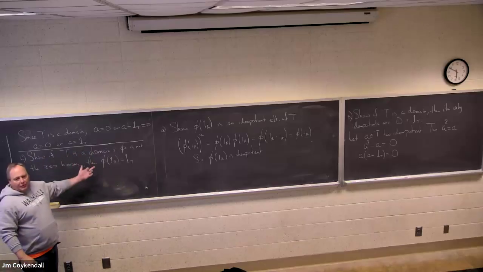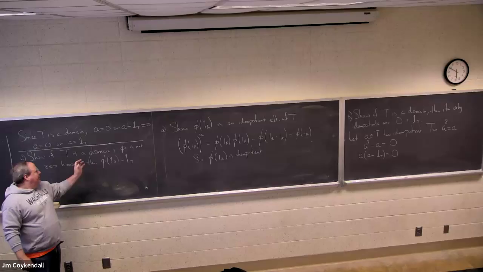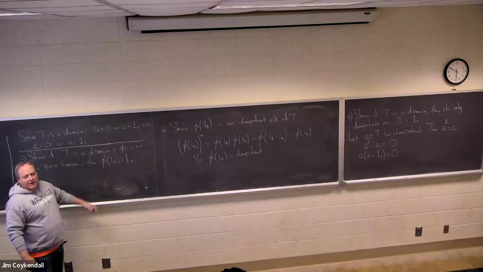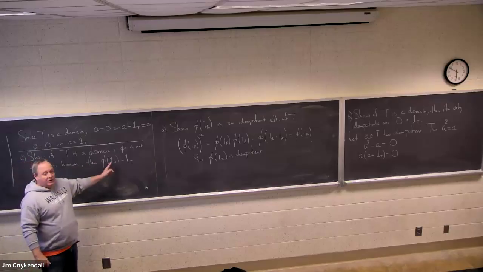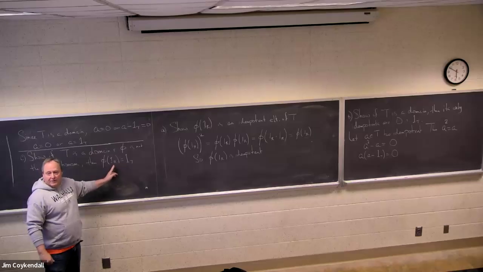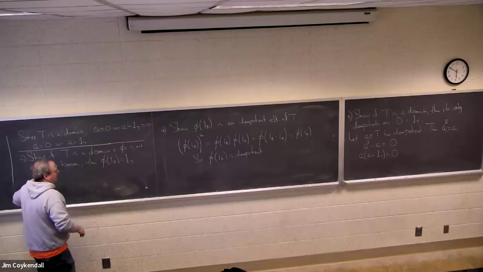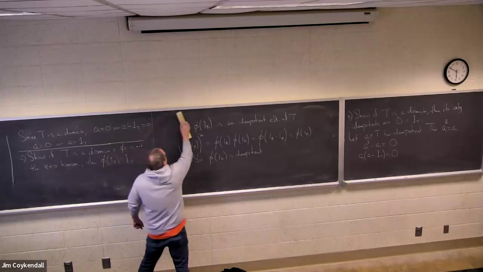So if both are commutative rings with identity and T is an integral domain, then this is forced.